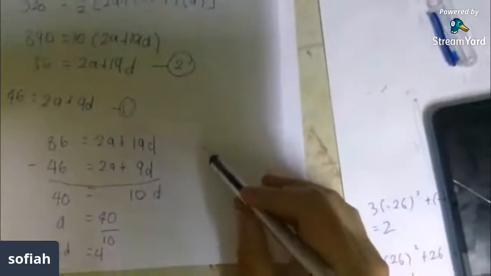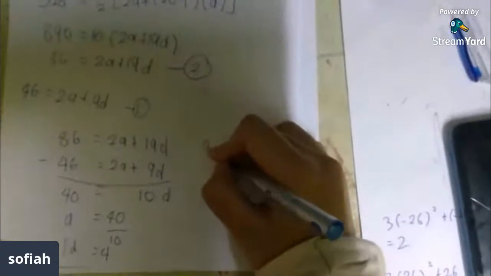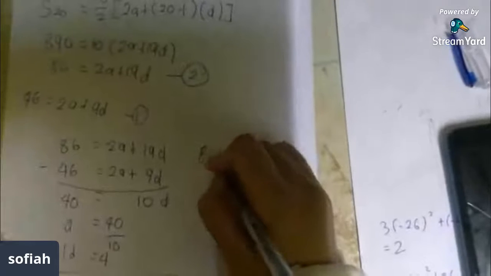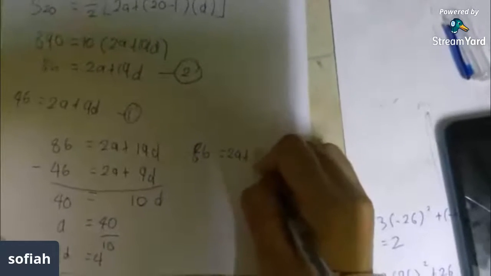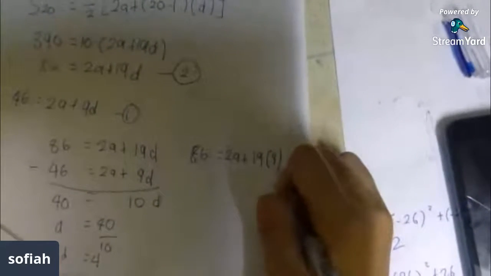Thus, saya tulis kat sini dulu. Nanti hari sebenar saya buat lain. Okay, thus I substitute the value of d into equation 2. 86 equals to 2a plus 19 times 4.